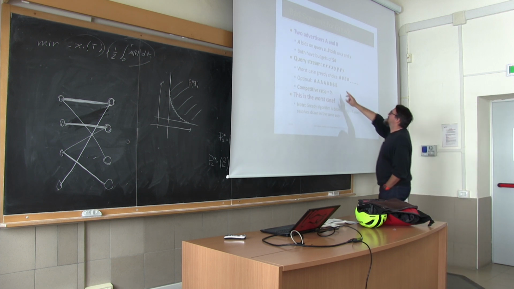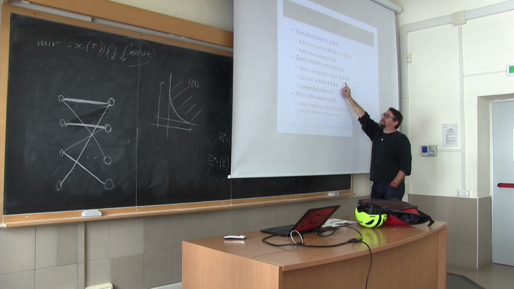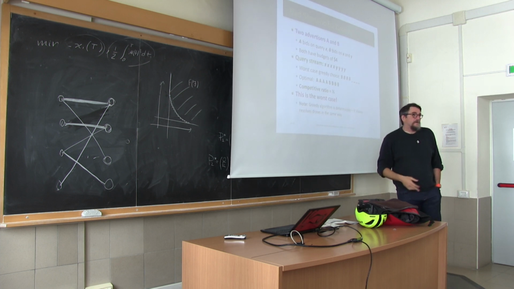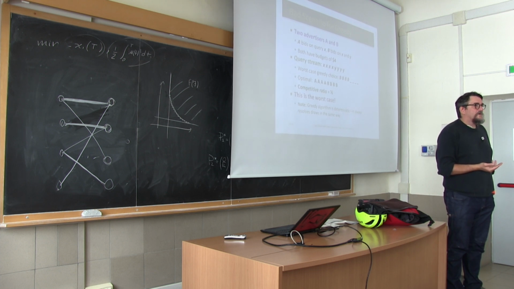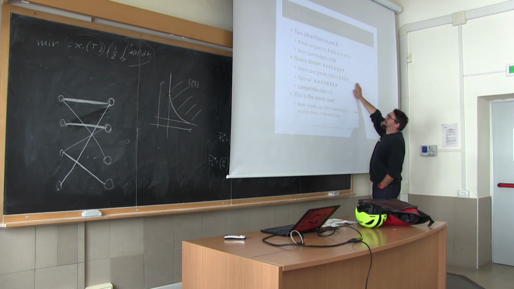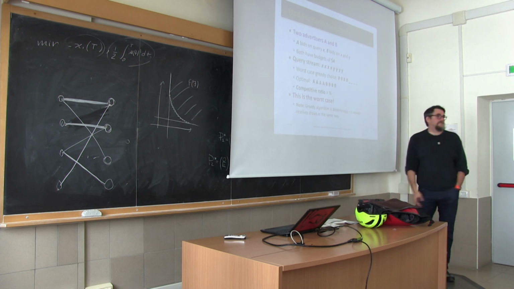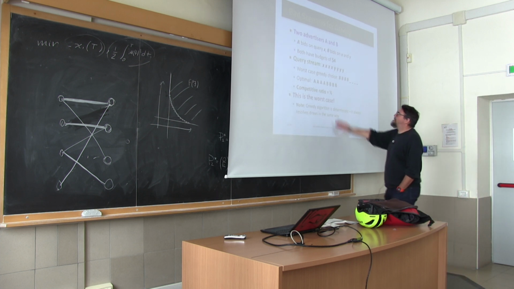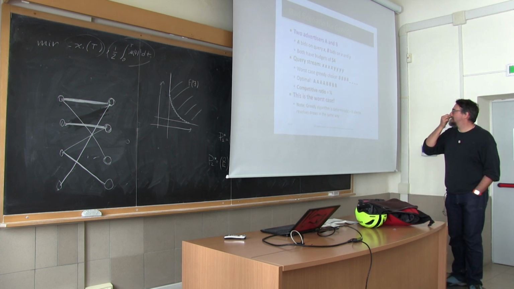So the worst case is that I will always select B. If I always select B, it means that when the Y appears, A cannot be satisfied because he only bid for X. And so there isn't an assignment, while clearly you can have an assignment which is optimal. So the competitive ratio is 1/2, as we expected. And this is one of the examples.